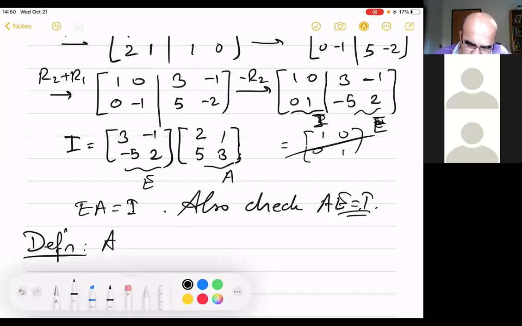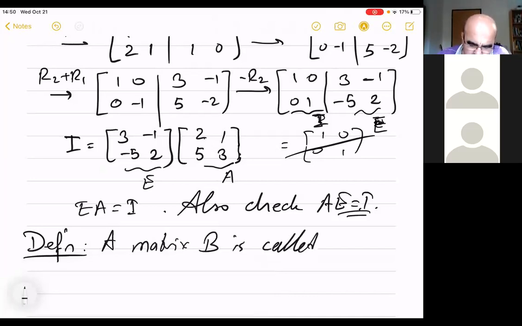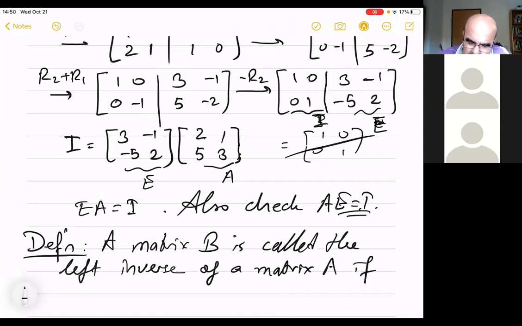A matrix B is called the left inverse of a matrix A if B times A is the identity matrix, of some size, whatever size is not important.